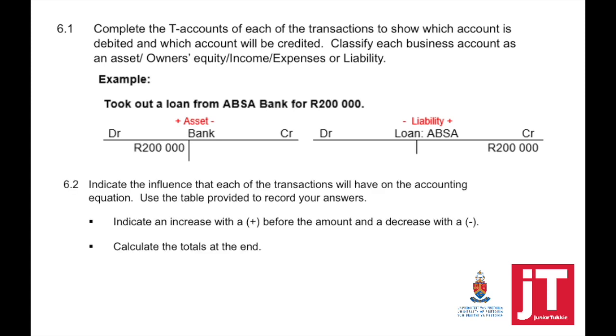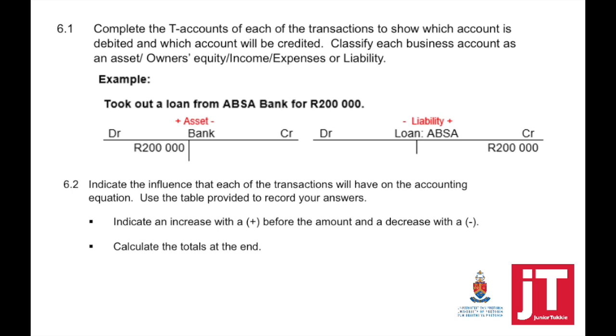The second part of this question is we need to indicate the influence that each of the transactions will have on the accounting equation. Use the table provided to record your answer. So you need to identify which account is debited, which account is credited, and what is the effect on your assets, owner's equity, and liabilities.